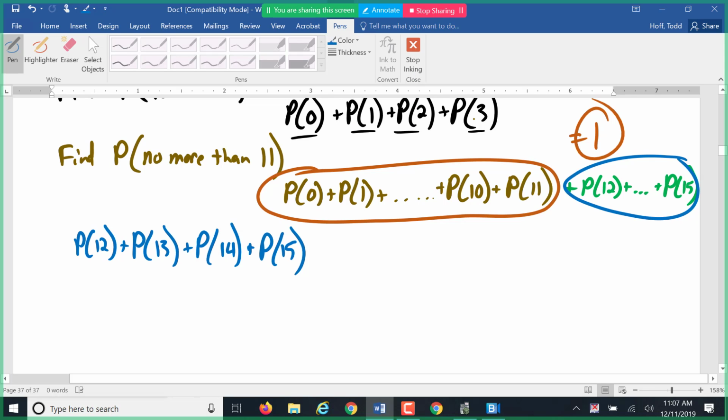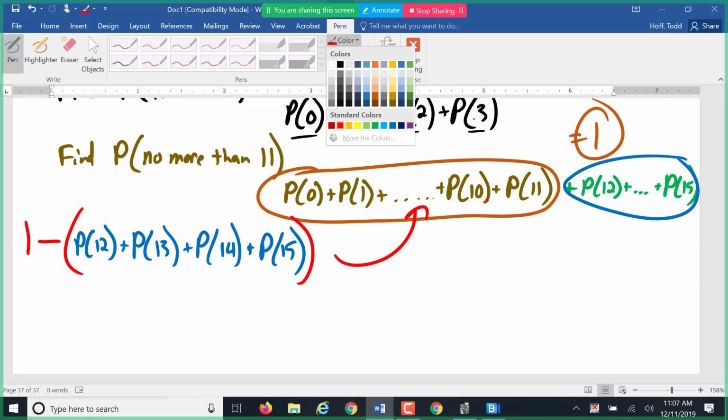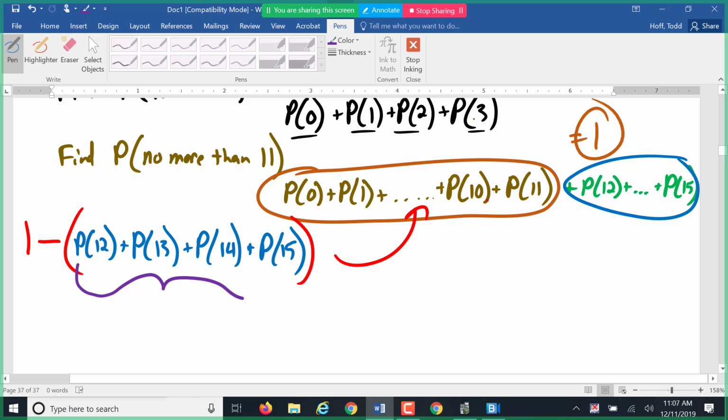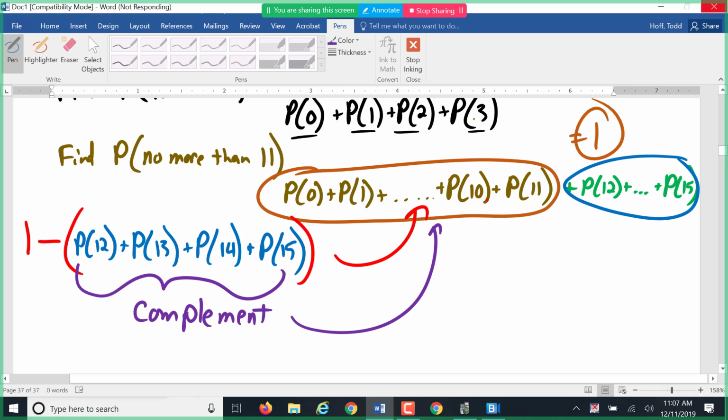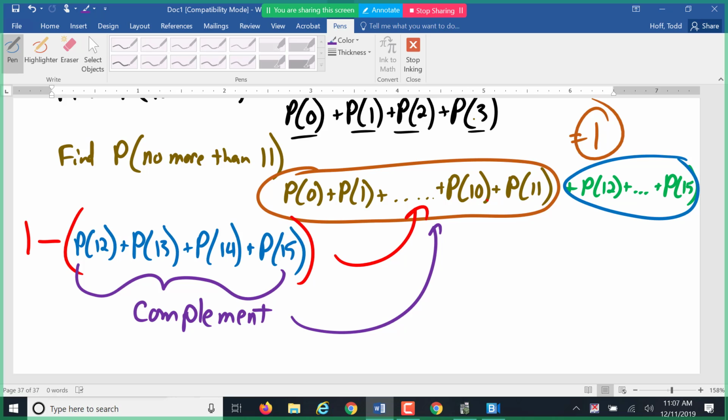Once I have that probability, I can do 1 minus that to get this probability. This group here is called the complement of that group. Between the two of them, they contain all of the possibilities for that experiment. So if one of them doesn't occur, the other one has to.